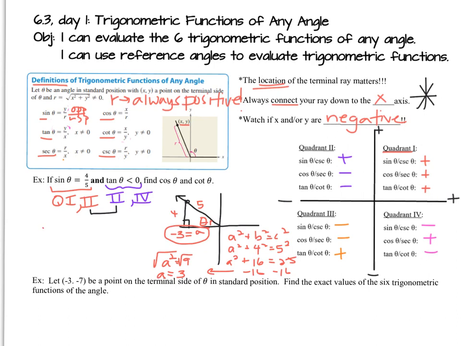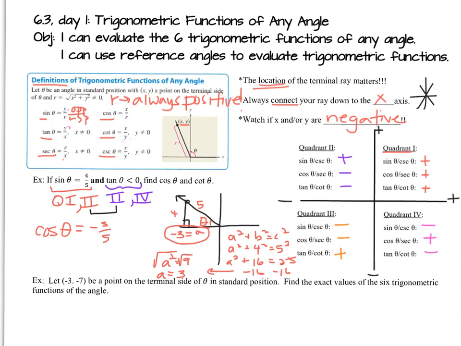So we know cosine of theta is the same as adjacent over hypotenuse, or x over r. Well, that x coordinate, or the adjacent side, is -3, and the hypotenuse is 5.